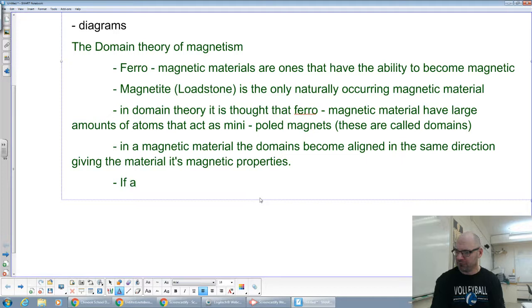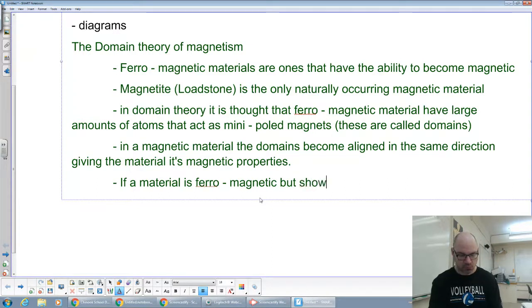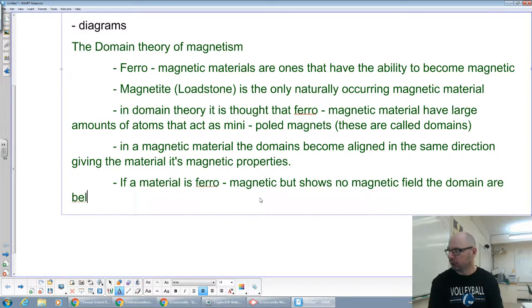If a material is ferromagnetic, but shows no magnetic field, the domains are believed to be scattered in the material.